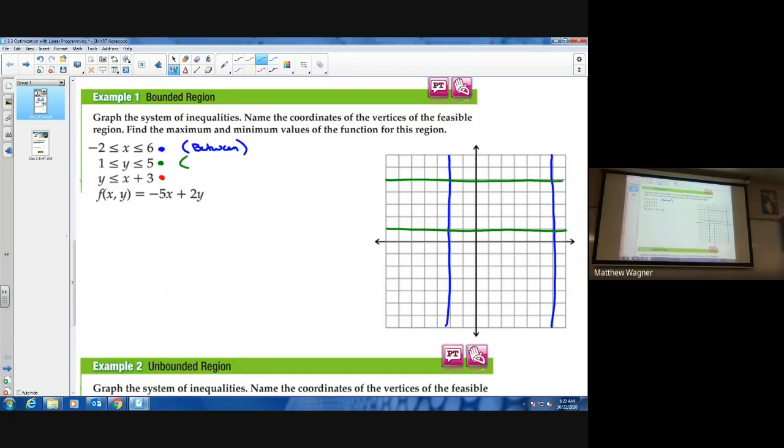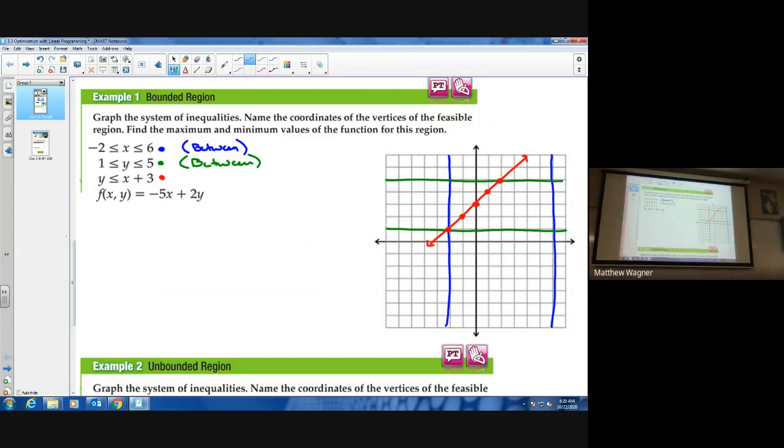And again, we're going to shade between these, just making note of that. And then I have the line Y is less than or equal to X plus 3. So my Y-intercept is 3, and my slope is 1. So I'm going to go up 1 over 1, or down 1 to the left 1.